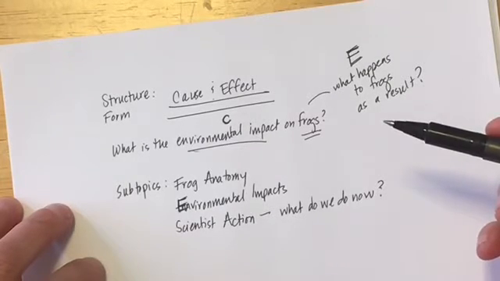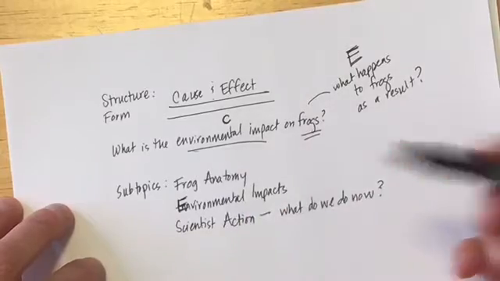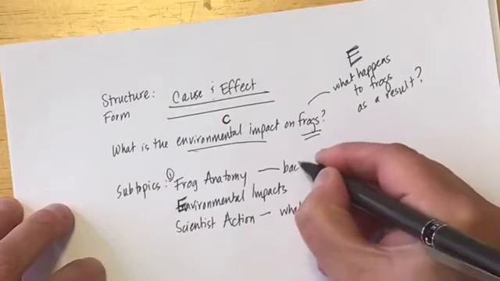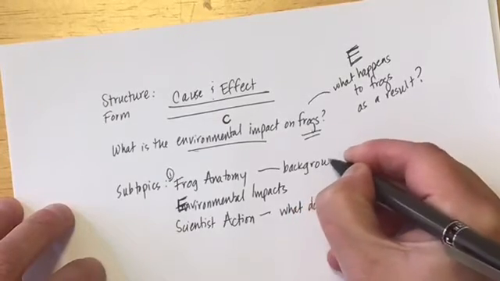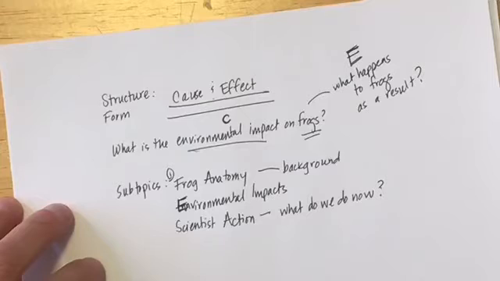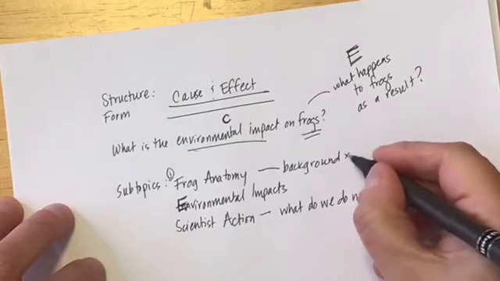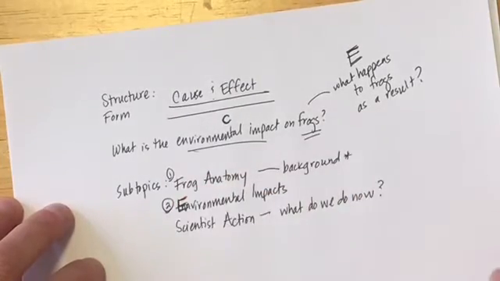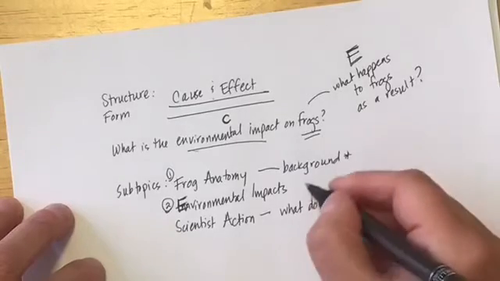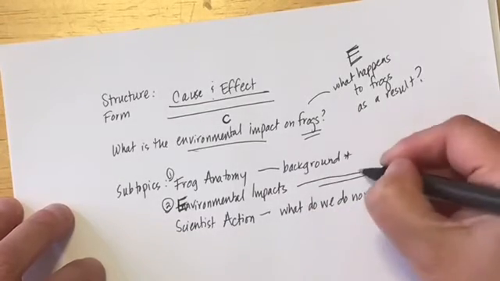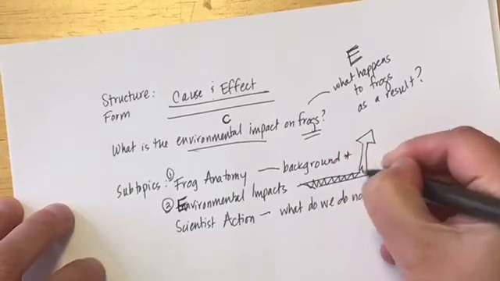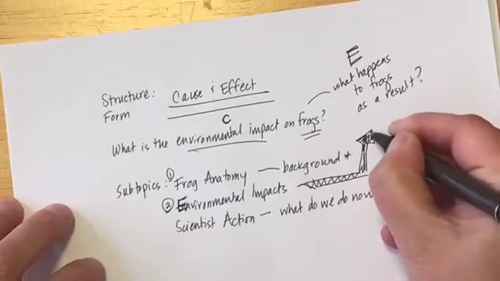Well, I think the order that I have them in is pretty good, because I'm thinking here, this is giving a little bit of background. So as you think about your topics, which of your subtopics is going to give a little bit of background? Then I'm going here to environmental impacts. This is sort of the answer to my big question, which is, what are the environmental impacts on frogs?